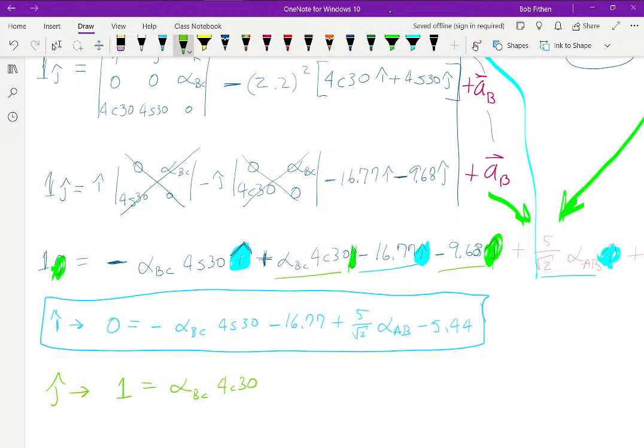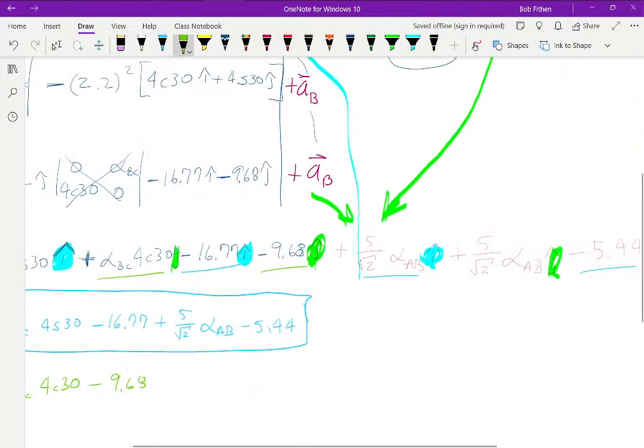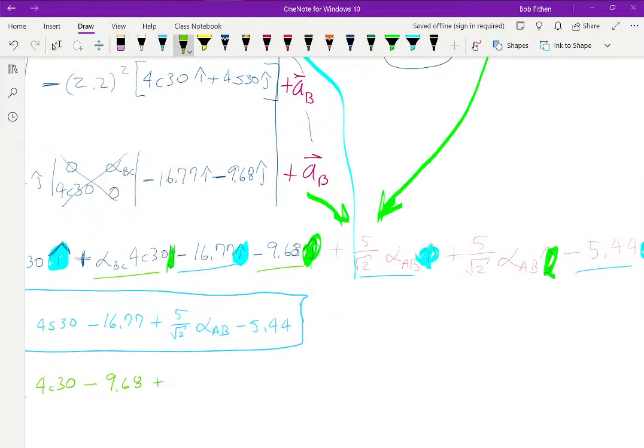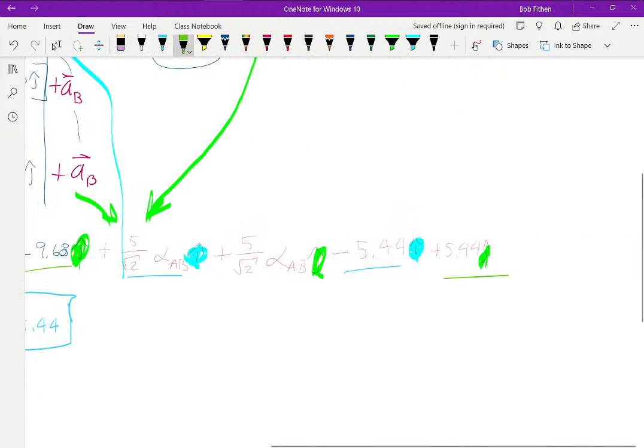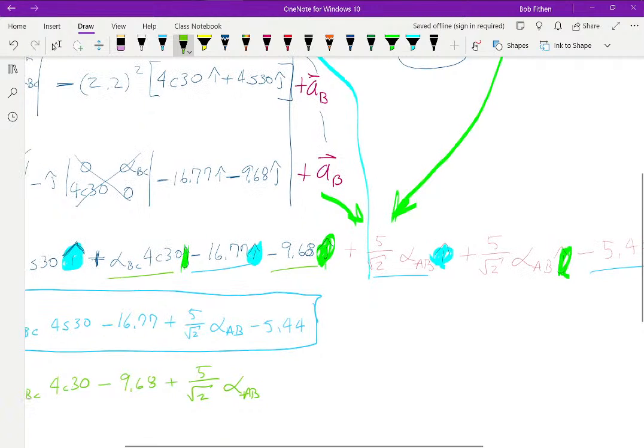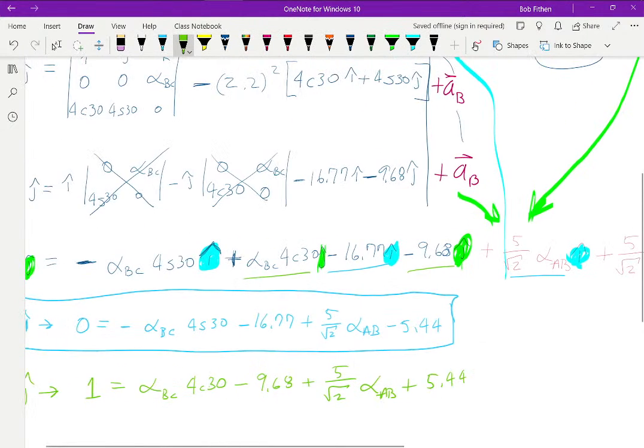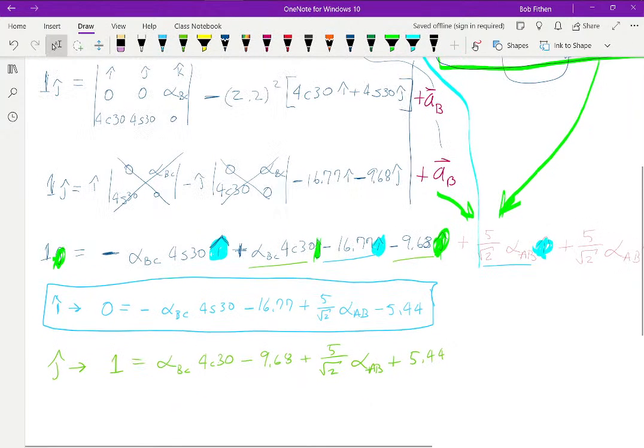Next green term, minus 9.68. Next green term, 5 over square root of 2 alpha AB. Next green term, 5.44. Now I have two equations, two unknowns.